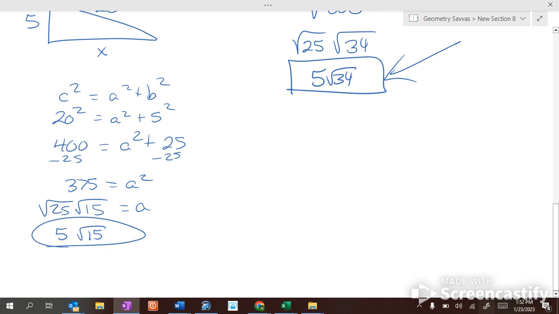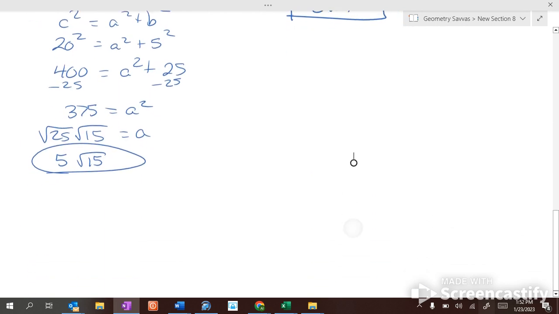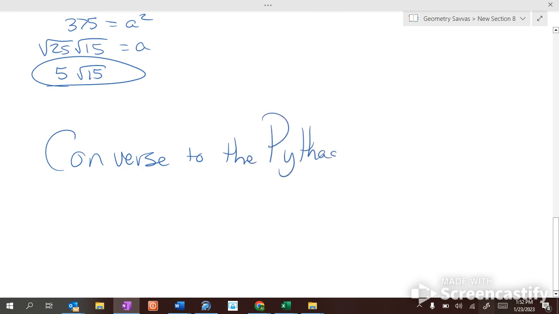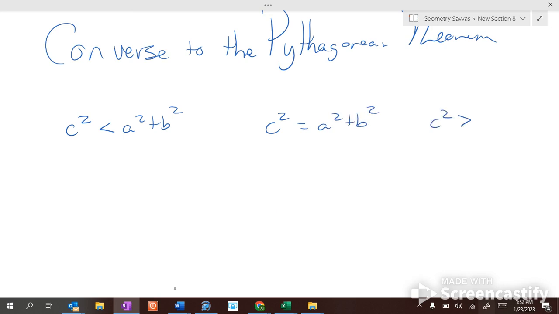Okay? So that's perfect squares. Okay? Simplest radical form. Then we have the converse to the Pythagorean theorem. So c squared could be less than a squared plus b squared.